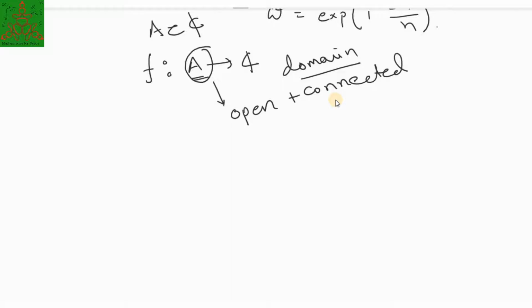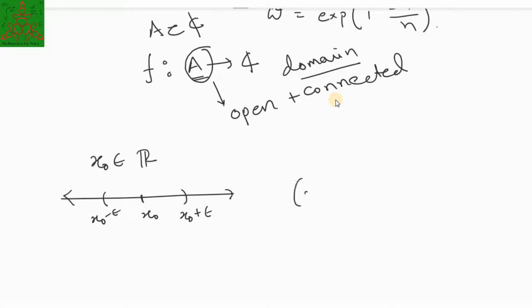If you have a point x0 belonging to R on the real line, then the epsilon neighborhood is nothing but the open interval from x0 minus epsilon to x0 plus epsilon. The set of points in this interval is called the epsilon neighborhood of the given point x0.